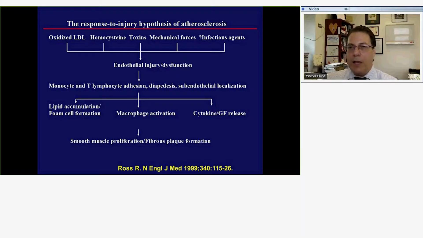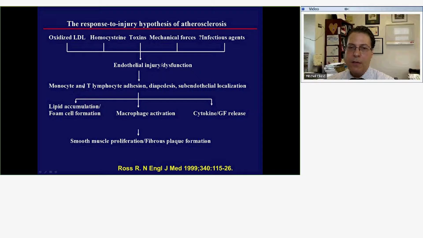So this slide shows the current thinking about atherosclerosis and proposes that it's really a response to injury. And the idea is that there are a number of different forces that can act on the endothelium and lead either to physical injury or to dysfunction that then sets in motion a whole cascade of immunologically mediated events.